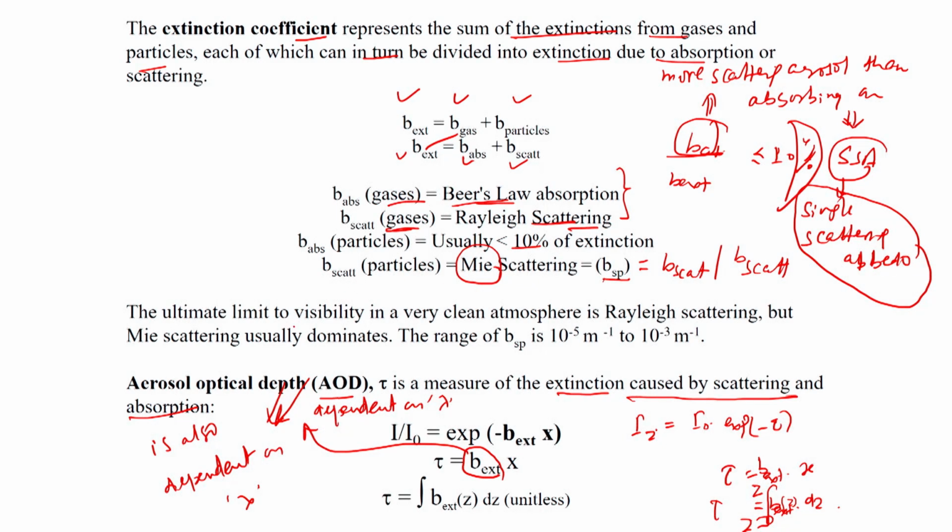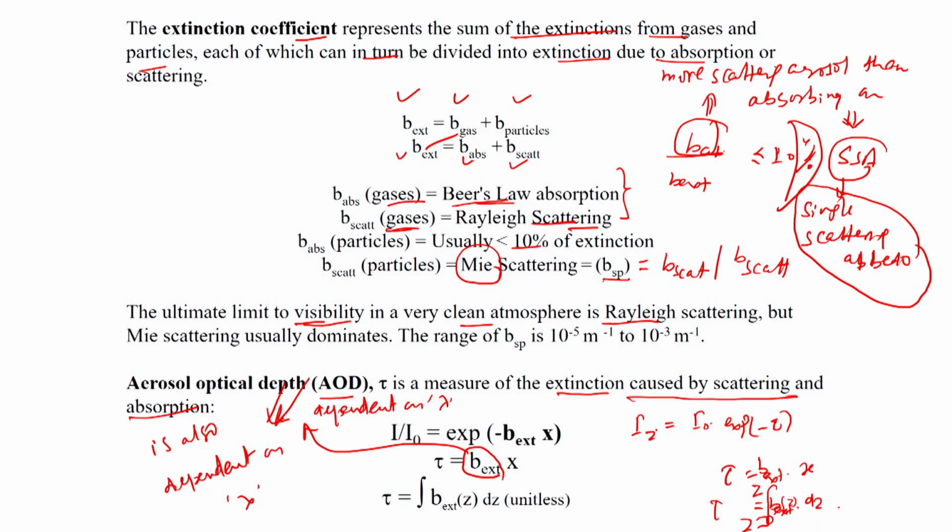So the ultimate limit to the visibility in a very clean atmosphere is the Rayleigh scattering, because ultimate limit means you have very high visibility, and very high visibility means you have very few aerosols, or almost no aerosols.